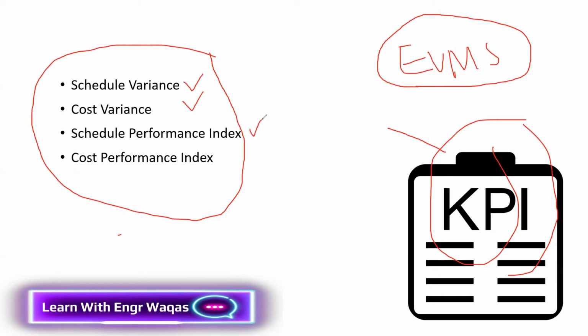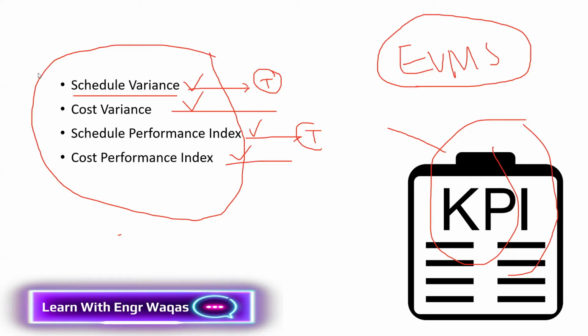Schedule variance is going to tell us how we are doing with respect to time. It is going to help us evaluate our project with respect to time, with respect to cost, again with respect to time, with respect to cost. But you will wonder, if this is also with respect to time, and that is also with respect to time, what is the difference? I will help you understand each and everything in coming slides.